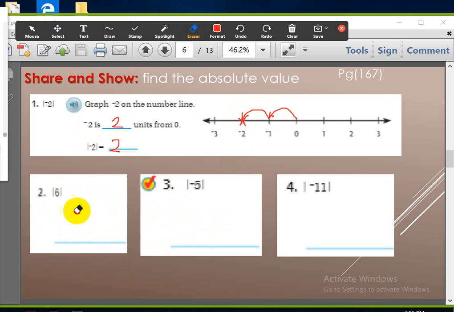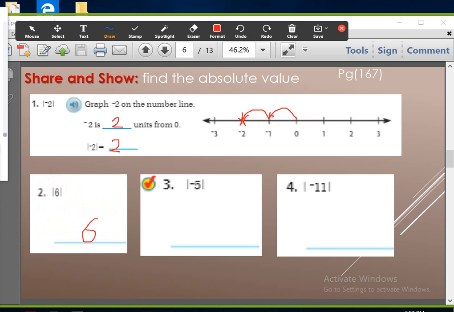Now, what is the absolute value of 6? Jana, open your mic. The absolute value of 6. Jana? Yes, teacher. What is the absolute value of 6? 6. Very good.